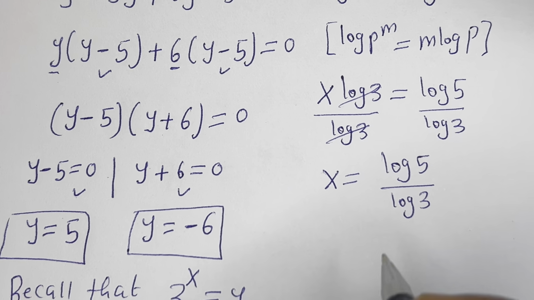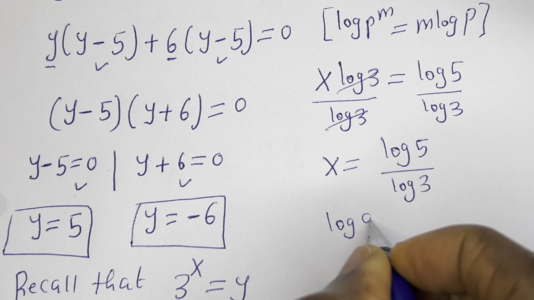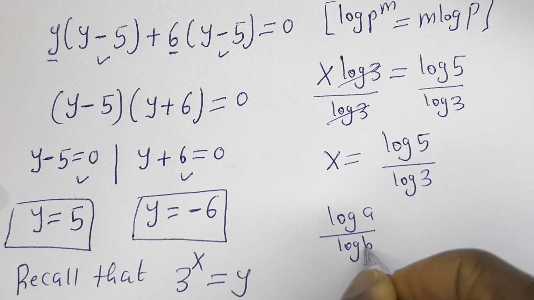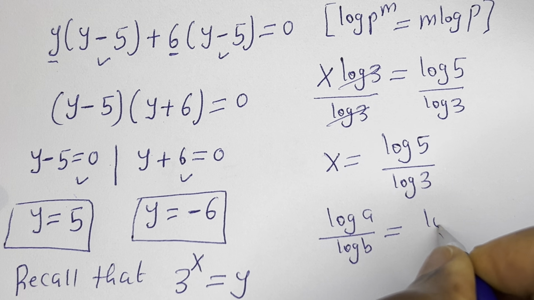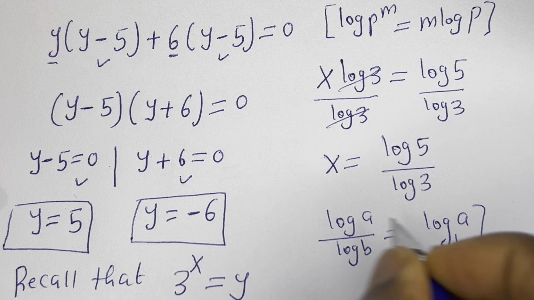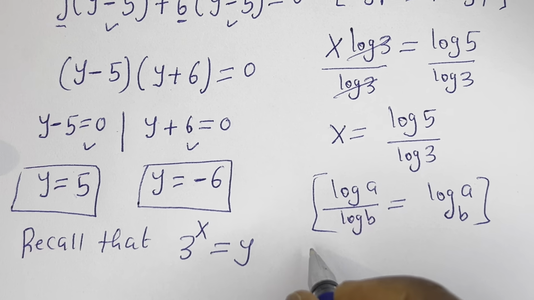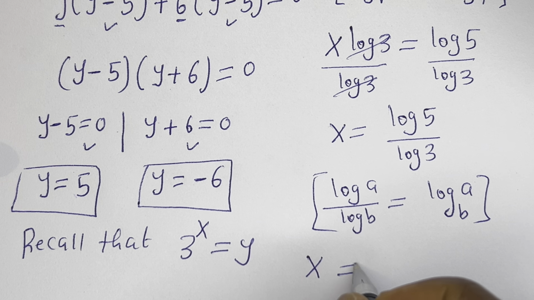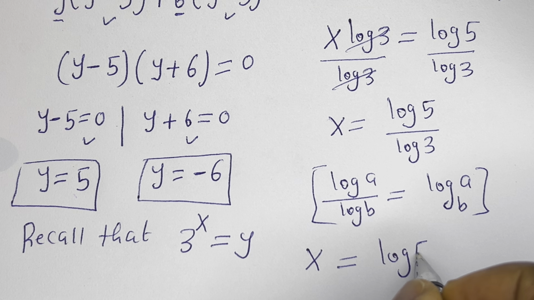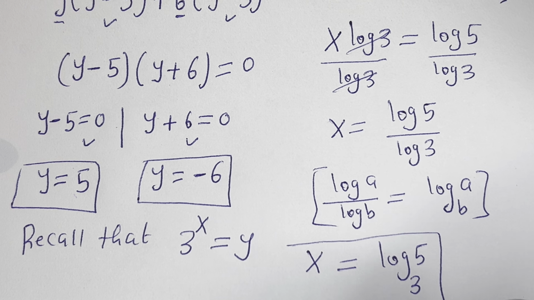Now take note of this, that if you have log A divided by log B, this is equal to log A base B. Therefore, this can be written as x is equal to log 5 base 3, and this is the final answer.